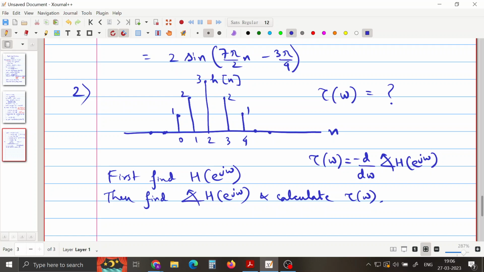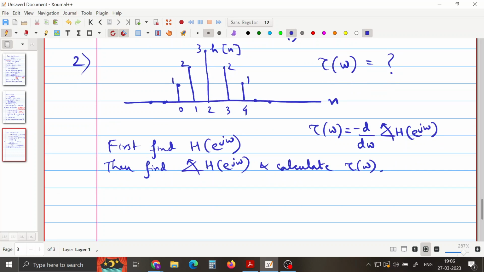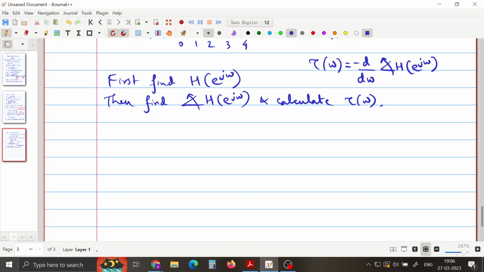Unfortunately, if you go by this procedure, it will be a bit difficult to solve in this fashion. Why? Let's say you calculate the DTFT.